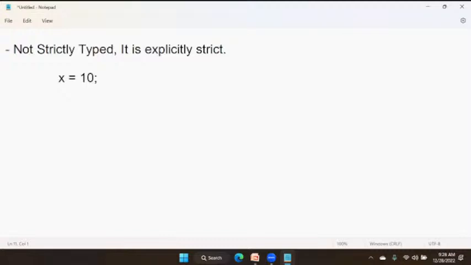So in Java, .NET, C, C++, if you don't declare a variable, you cannot use it. But in JavaScript, it will allow. So we have to externally put that rule, we have to externally tell it not to allow such things. Otherwise, it will allow.